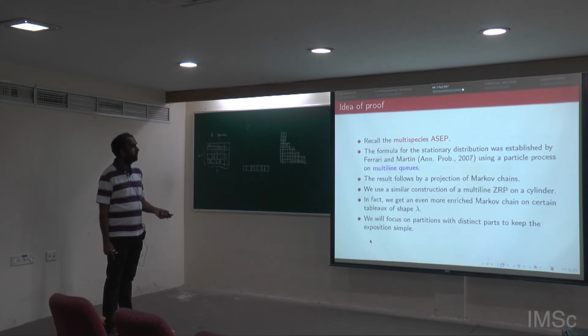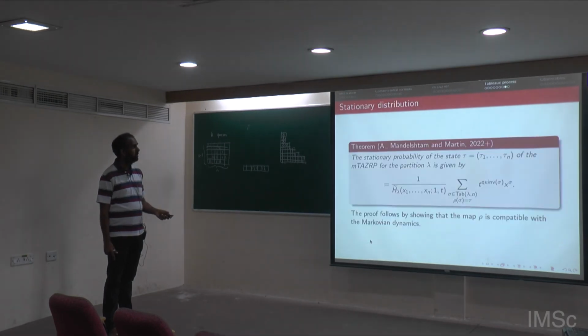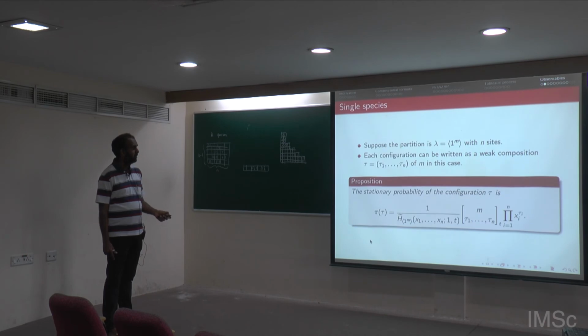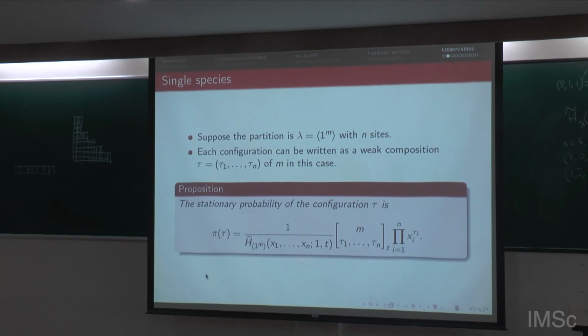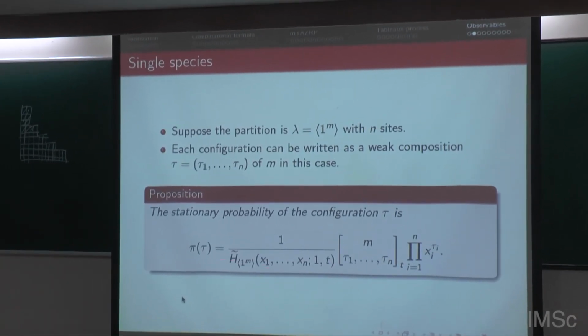So let me go back there. You see, the stationary probability of any configuration tau will be that sum that you just saw times this multinomial coefficient. So the single species thing doesn't determine the multi-species in any easy way?